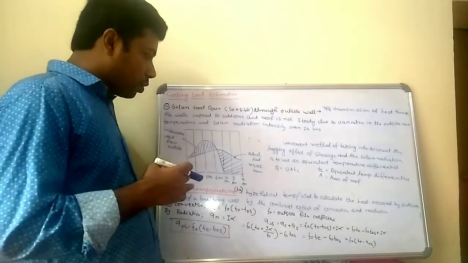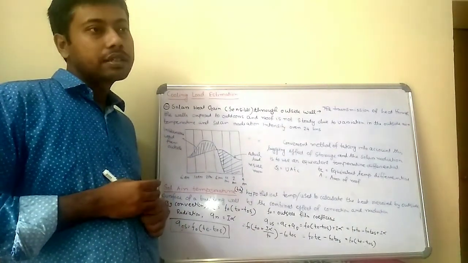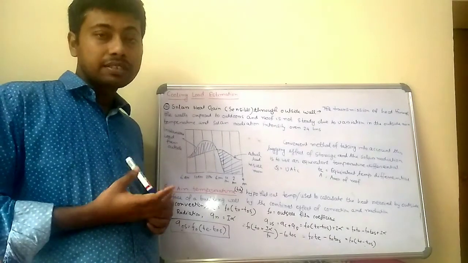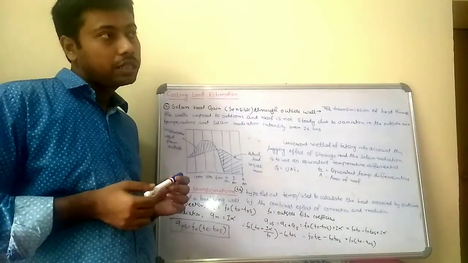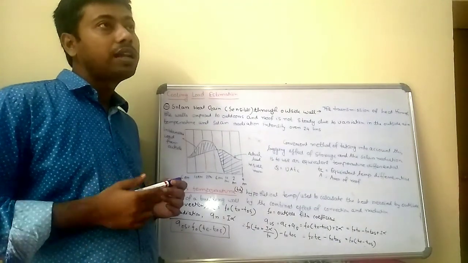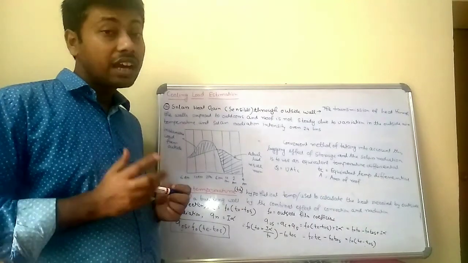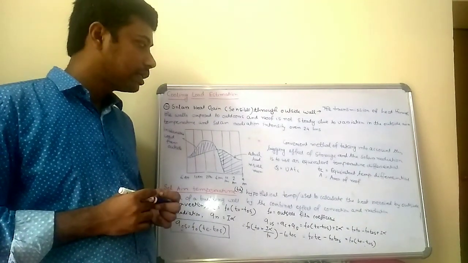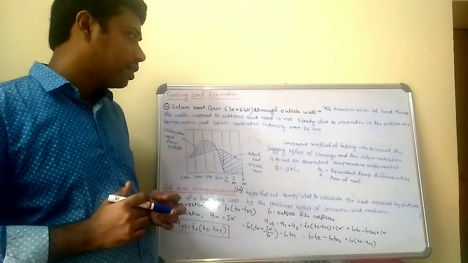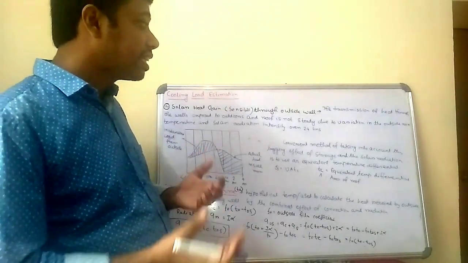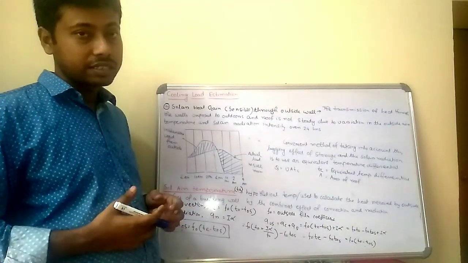Okay. So in this way you have to consider all those things. The storage capacity of heat basically depends on the thickness of the wall, the material in which the wall is constructed, and the area of the wall. There is a convenient way of taking into account the lagging effect of storage and the solar radiation, which is to use an equivalent temperature differential.